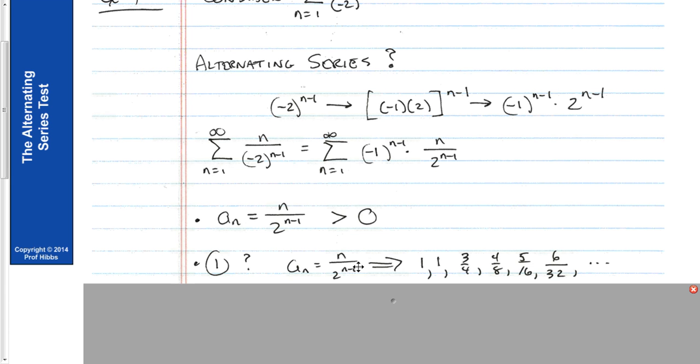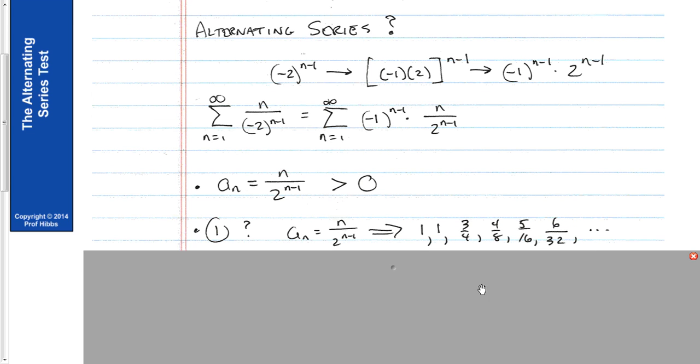That's 3 over 4. And I calculated a sub 1, 2, 3, 4, 5, 6, and maybe beginning to see a pattern of what's going to happen. I'm betting that if I look at a sub 7, I'm going to get 7 over 64.